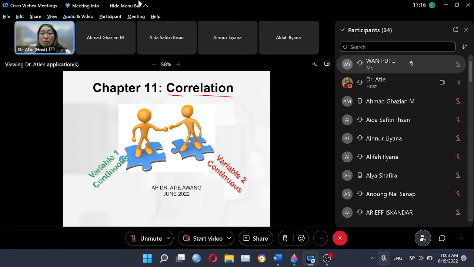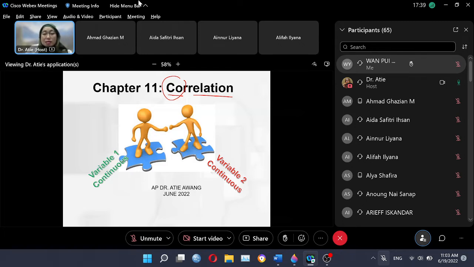So the word co here usually involves more than one subject, two people, two parties, and so on. For example, when I say cooperation, co-curriculum, it means that we must have more than one, right?